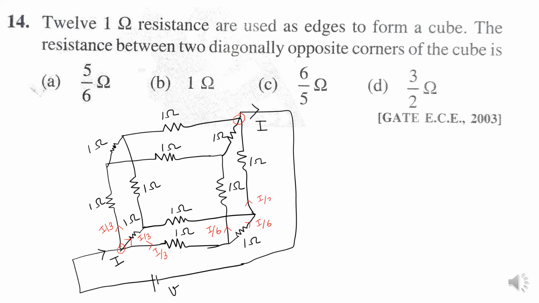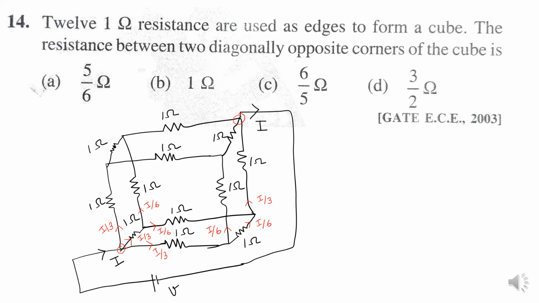Now this I by 6 is divided into 2 equal parts, I by 6 and I by 6. Sorry, this I by 3 and I by 3 are combined together, so that is I by 3.